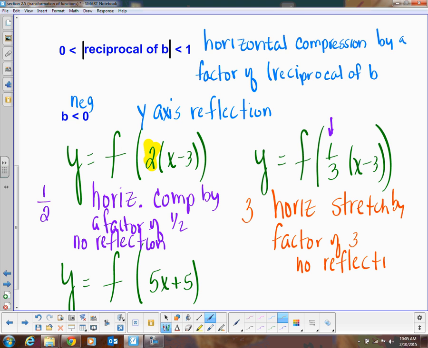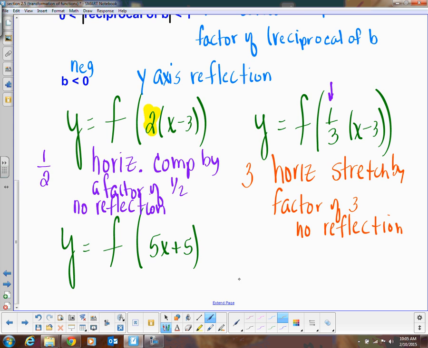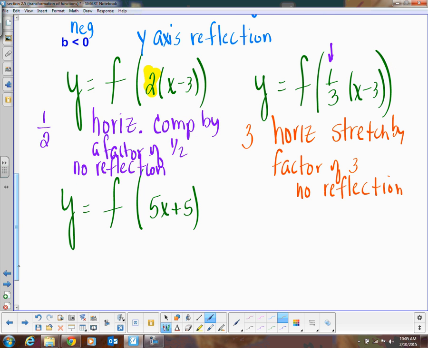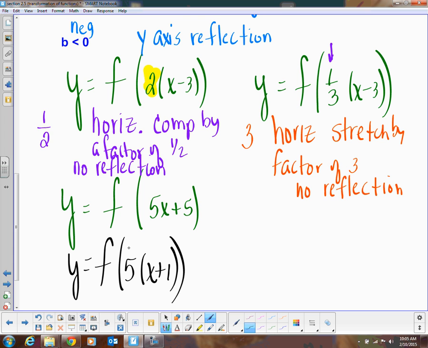All right, now I'm being really devious on the next one. How am I being devious? It's distributed, because it's fun. So we have to undistribute it. So y is equal to f of what? 5 times. Okay, so now it is available to talk about.